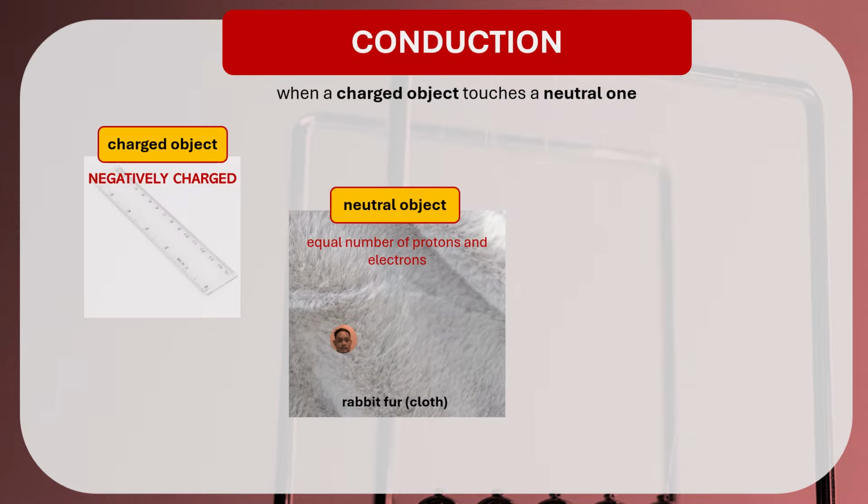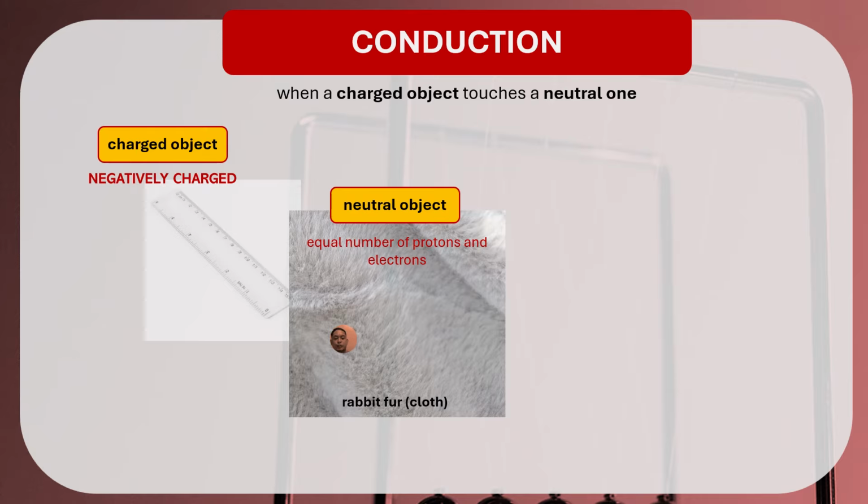In this scenario, our charged object is the negatively charged plastic ruler, and the neutral object, which has the same number of protons and electrons, is the rabbit fur. What is going to happen if we touch the ruler directly to the rabbit fur?